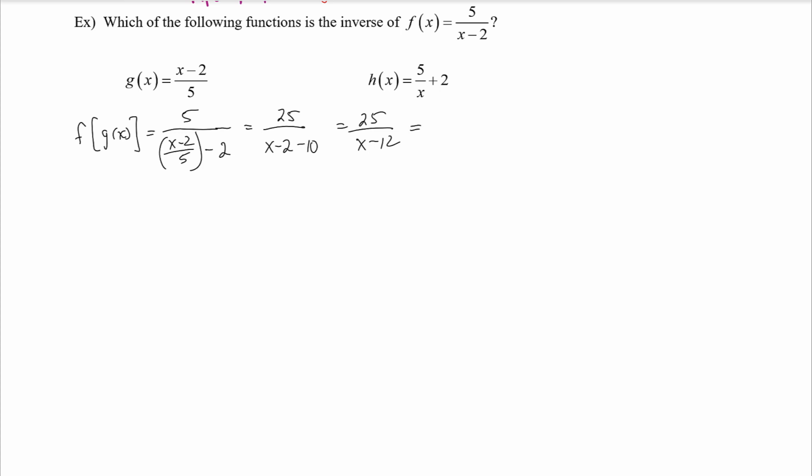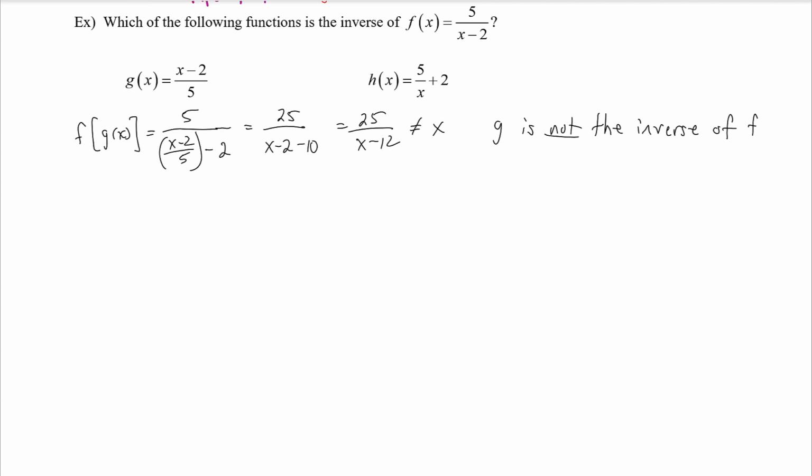Well, it didn't return back to me x. So by plugging g into f, it didn't give me back what I started with. It gives me back 25 over x minus 12. So g is not the inverse of f.